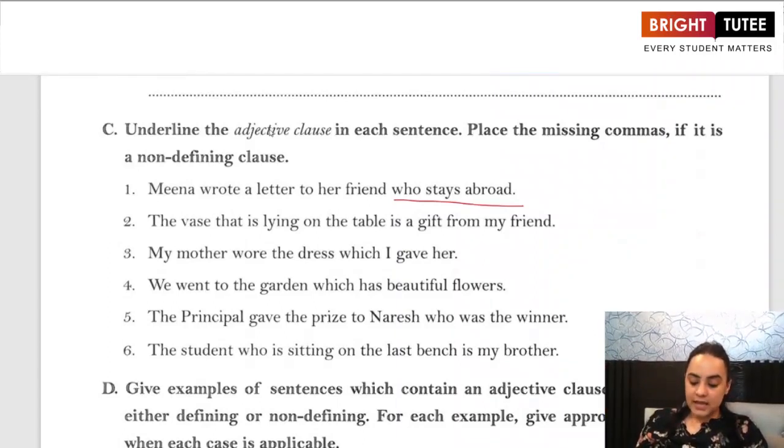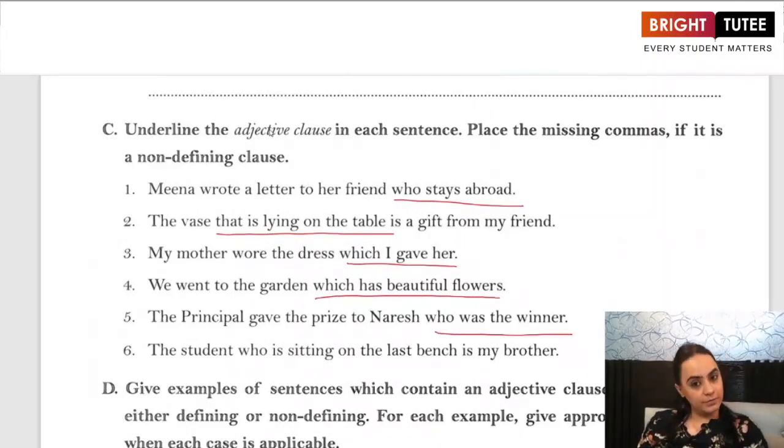The vase that is on the table is a gift from my friend. My mother wore the dress which I gave her. We went to the garden which has beautiful flowers. The principal gave the prize to Vesh, who was the winner.